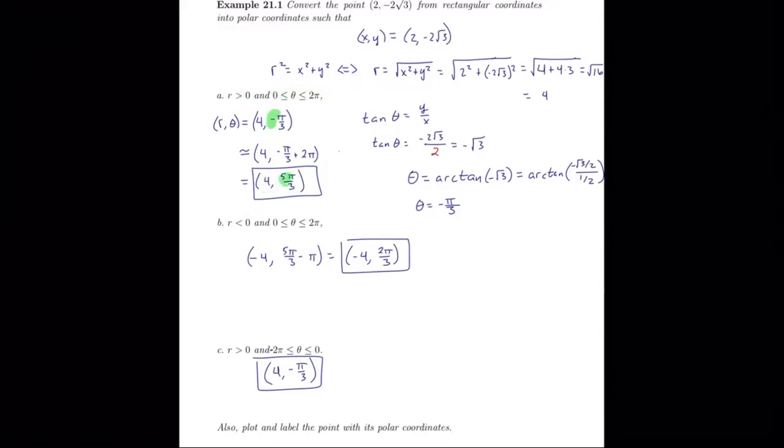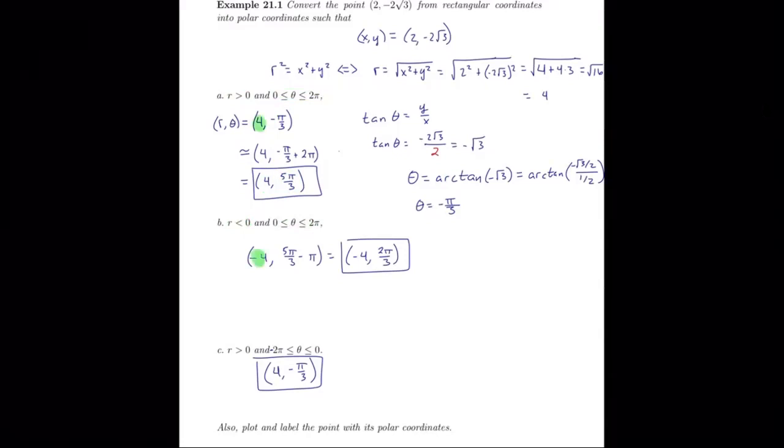Specifically, it's positive versus being negative. So then the second one, we want a radius r that's less than 0, and we want an angle between 0 and 2 pi. So now if r is less than 0, we want to express r as being less than 0. We just put a minus sign in front of that number.